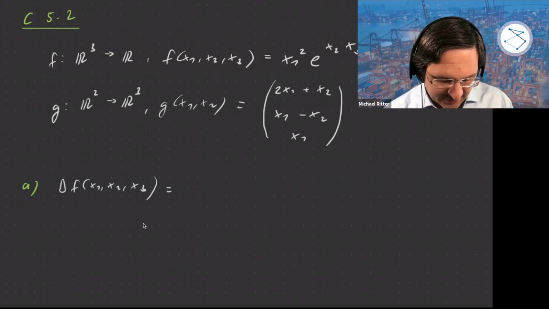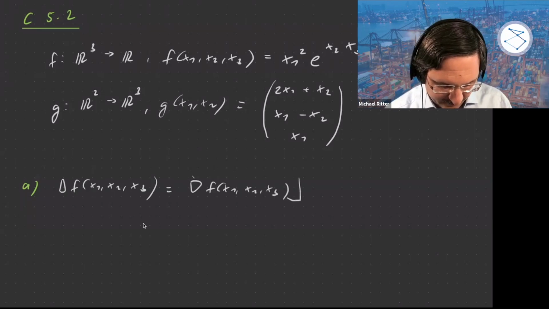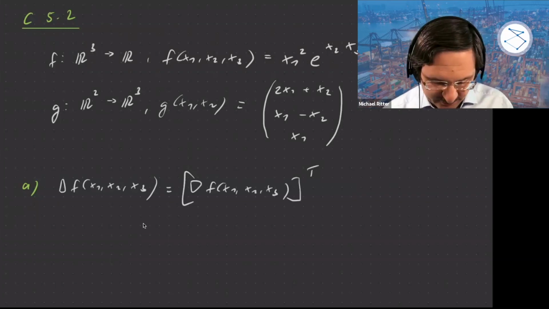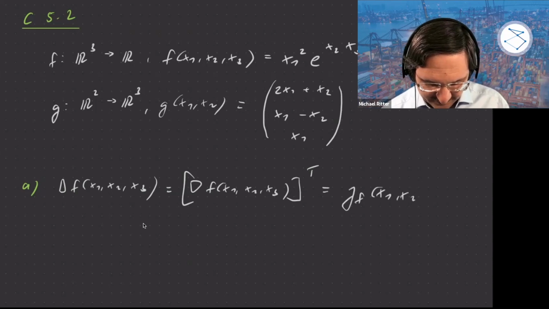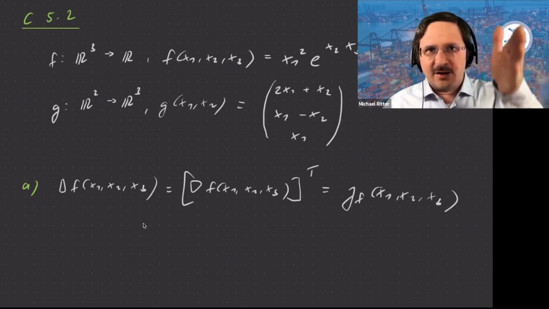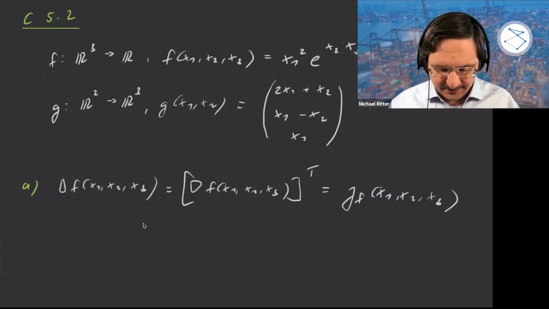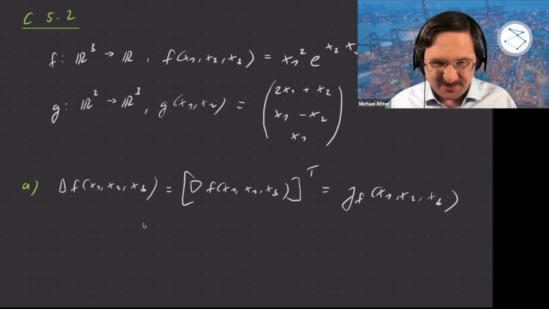And then its differential is the same as the gradient of f transposed. Or in other words, you could also say that is the Jacobian of f. So basically the difference between gradient and Jacobian for a real valued function is the gradient is usually a column vector and the Jacobian is usually a row vector. That mainly has historical reasons, and you might call that a little unfortunate, but that's just the way things are.